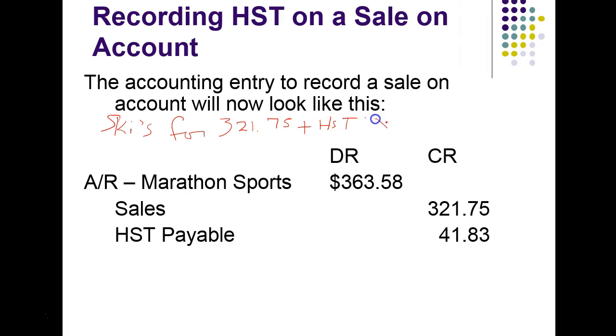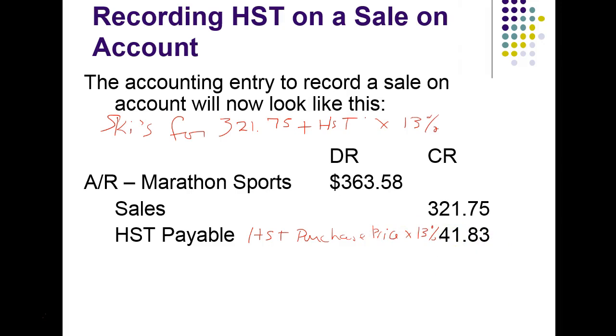When we multiply that by 13%, we're going to get $363.58. The HST portion is calculated by taking the purchase price and multiplying it by 13%, and that's how I get that $41.83.